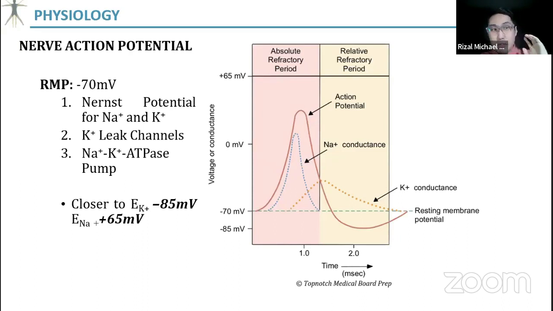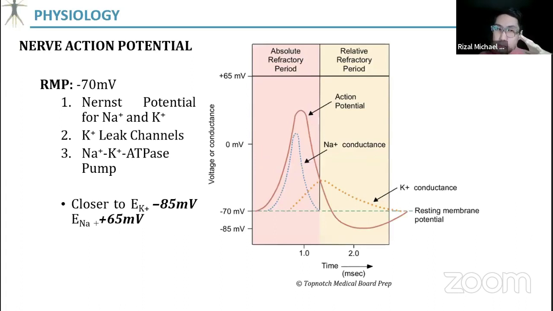Potassium din. Kasi if you're gonna take a closer look sa last bullet, your equilibrium potential ng potassium is negative 85. Your sodium is positive 65. Sobrang layo sa negative 70 millivolts ng nerve, right? So, usually, potassium, mas mataas ang permeability niya sa resting membrane potential. Plus, if you're gonna look at numbers 1, 2, 3, lahat yan may potassium, no?